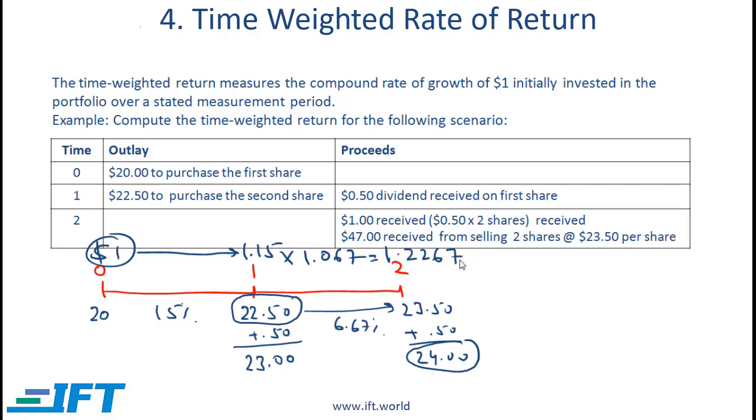1.2267. But we need to say what the growth rate has been on average each year. For that, we need to compute the geometric mean. And we do that by multiplying 1.15, which is this number, by 1.067, and then raising it to the power of 1 over 2 because we have 2 periods, and we get 1.1075.